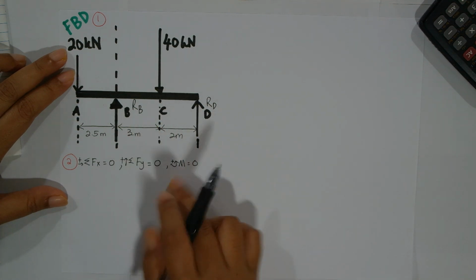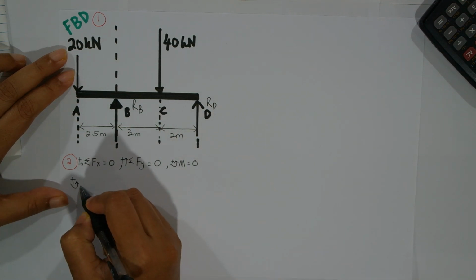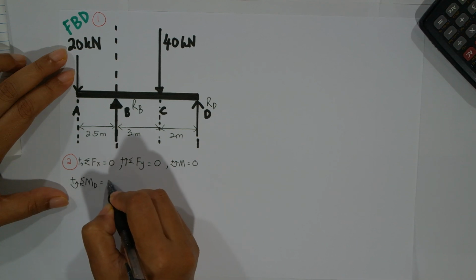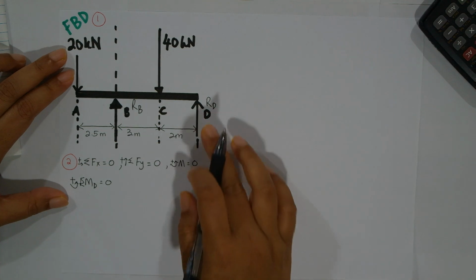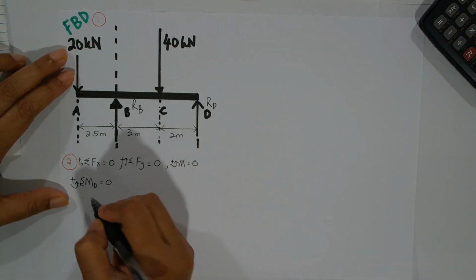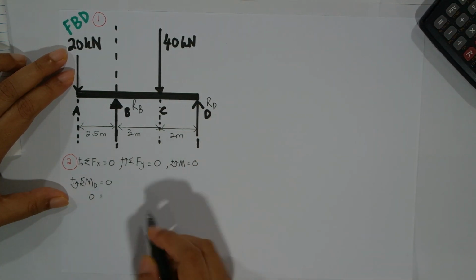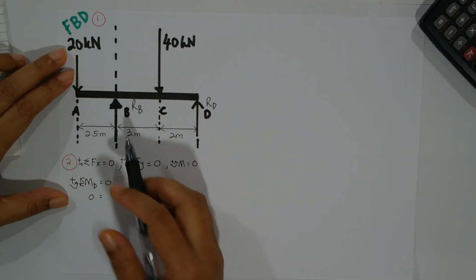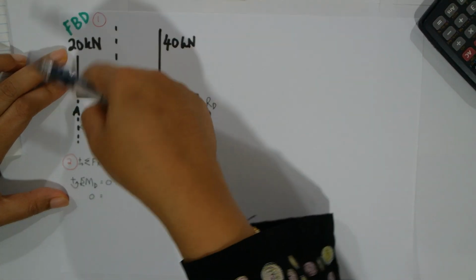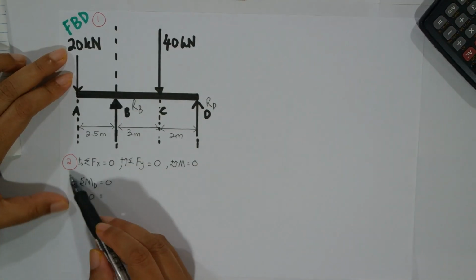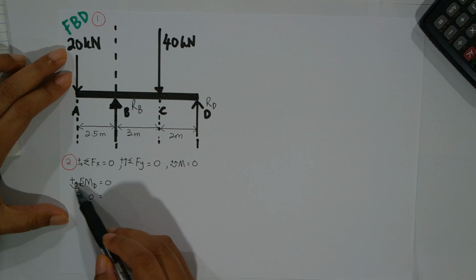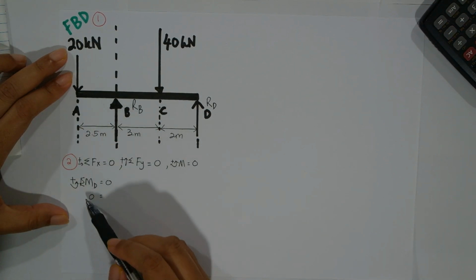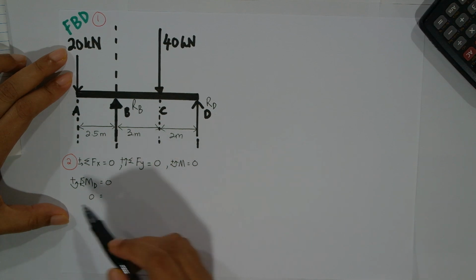So I'm going to do a summation of moment about D must be equal to 0. We have to pull all the forces to D. We have the 20 kilonewton force going this way. The default sign convention is that counterclockwise is positive, as we learned in the previous chapter.